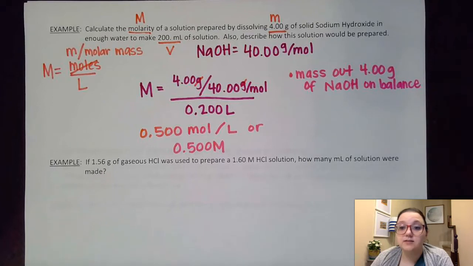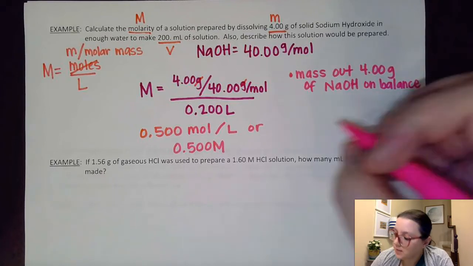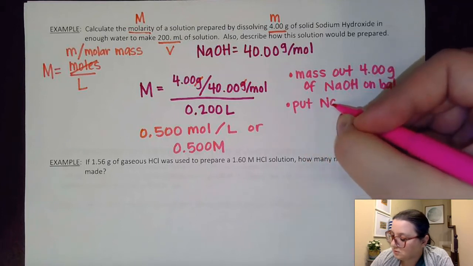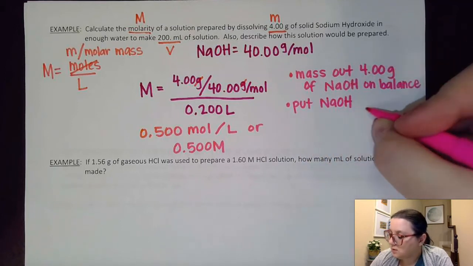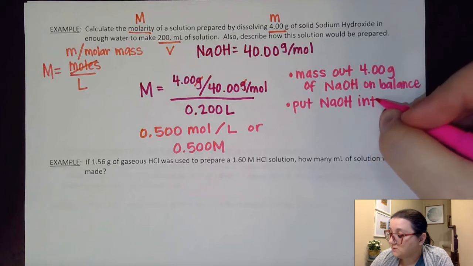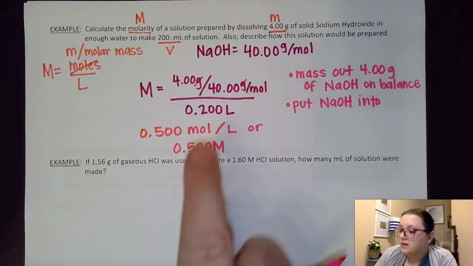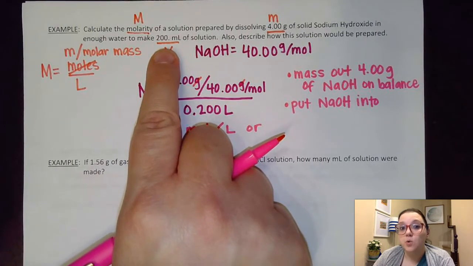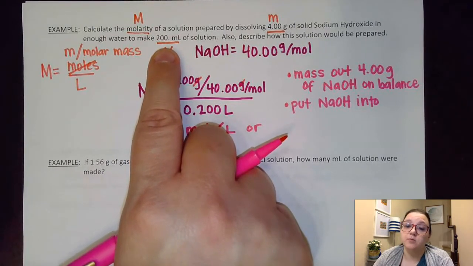Remember, we do masses on balances. All right, so then I'm going to put that NaOH into a very specific size volumetric flask. Here, this calculation was specific for 200 milliliters. So I can only use a 200 milliliter volumetric flask.